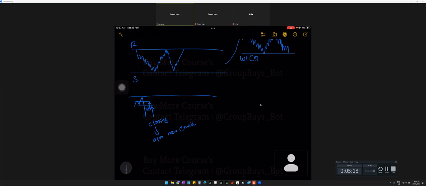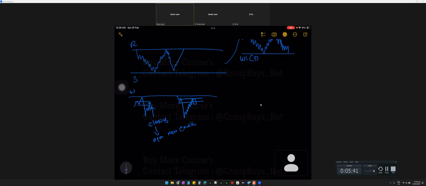So which means if weekly, we must wait for the next week candle for the closing. So what I mean is, for example, I draw this first. When the trend is coming, uptrend, we must wait for the closing here.